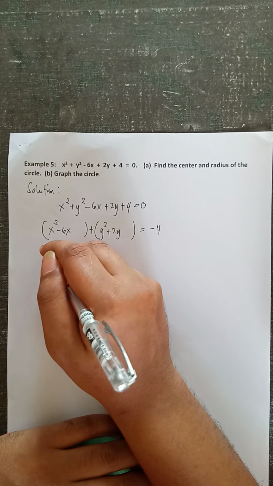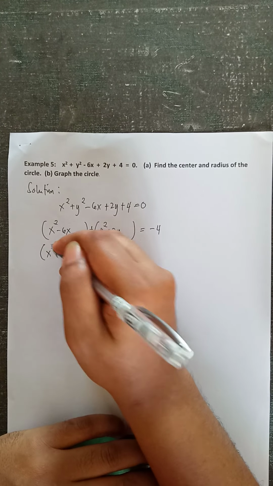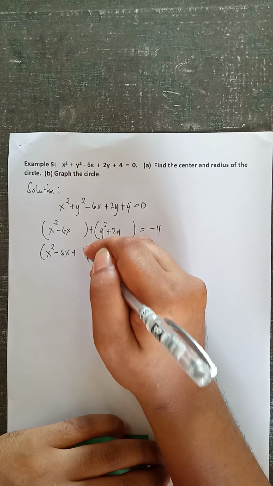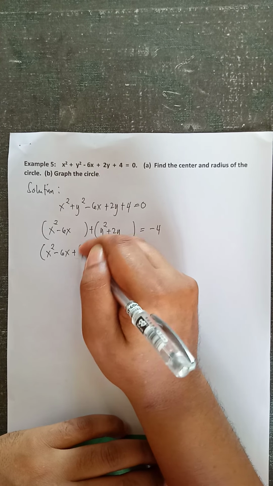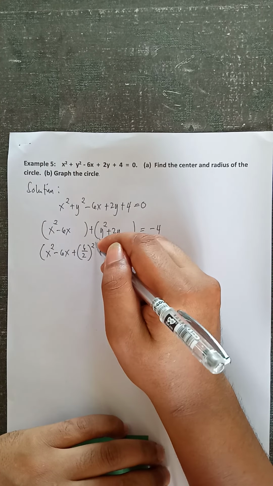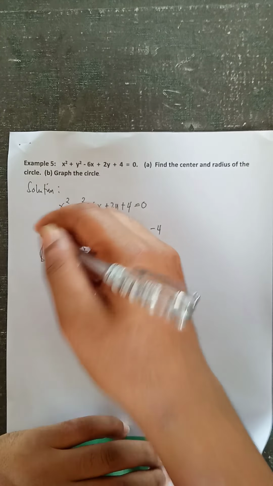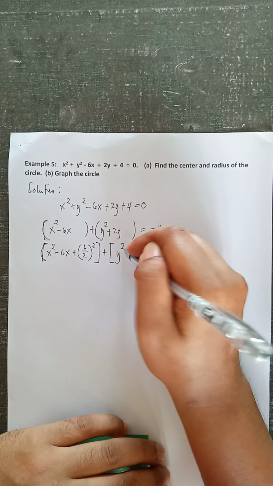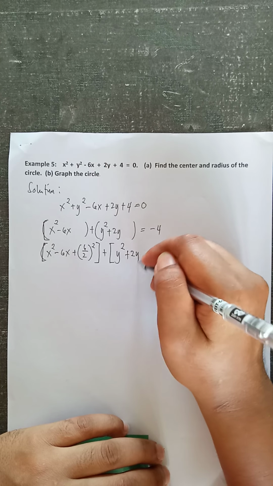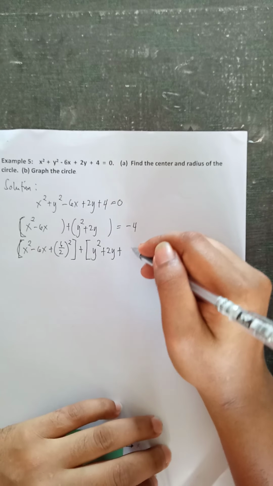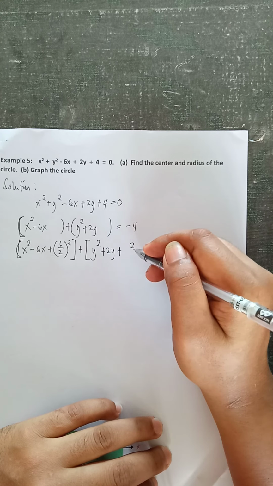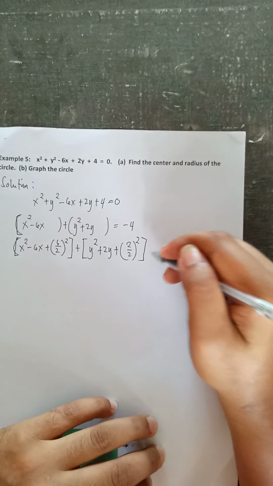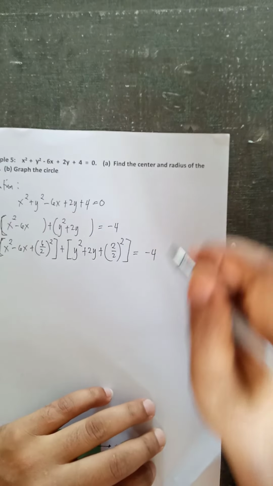We have x squared minus 6x, get the half of 6 and ato siyang i-square, plus y squared plus 2y plus the half of 2 over 2 and ato siyang i-square, equals negative 4.